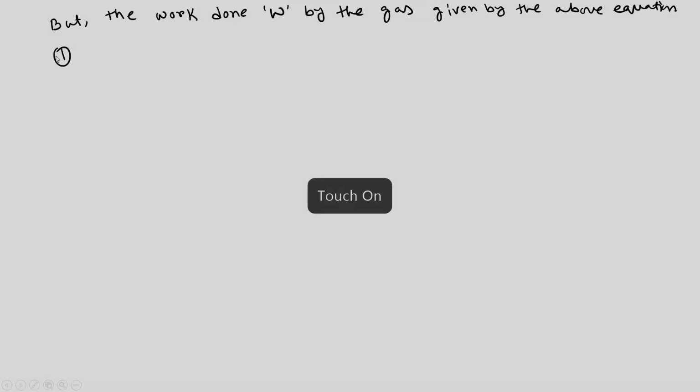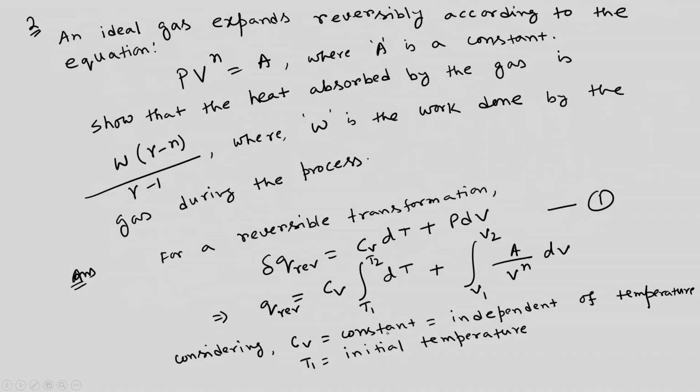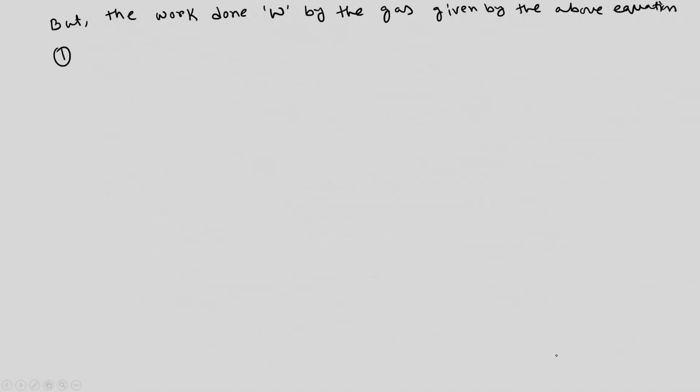So, equation number 1 is the first equation we consider. Okay. So, by equation 1, W is P2 V2 minus P1 V1 by 1 minus n.